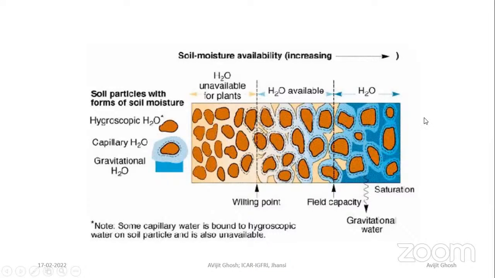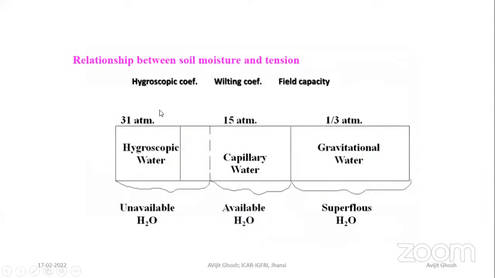Soil aeration is hampered, and root growth is hampered, as well as too much soil water cannot be held. It leaches down so quickly that it cannot be taken up by the plant. So this range, field capacity to the wilting point, is the range where soil water is mostly available.